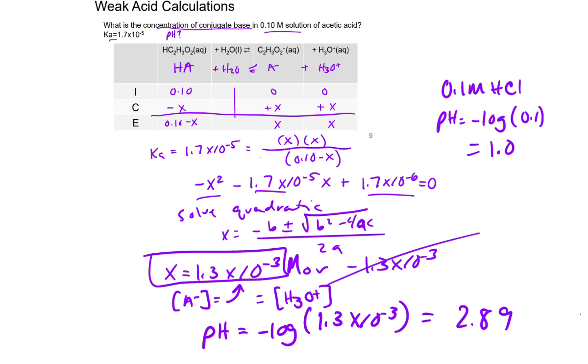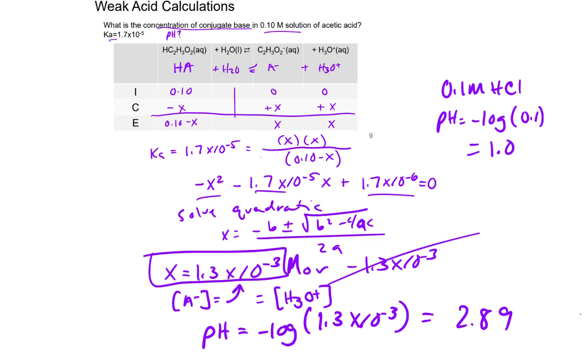Any other questions about what you're seeing right now? Remember on the practice test, there was this assumption business. How do we get away from using the quadratic?